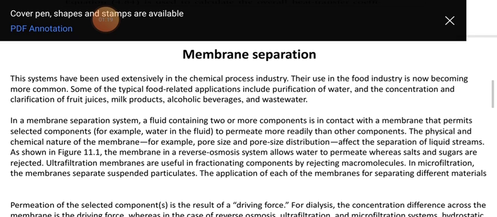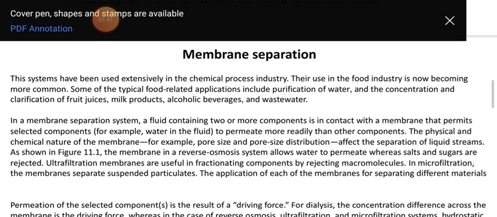Whatever is retained over the surface is known as the retentate, and whatever gets passed through the membrane is known as the permeate. I would like to take the example of tea. When we prepare tea, we put tea leaves into it.